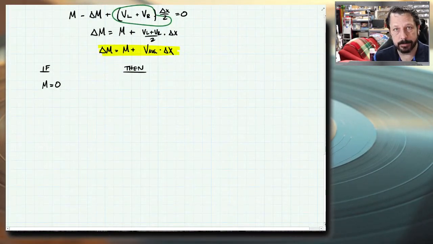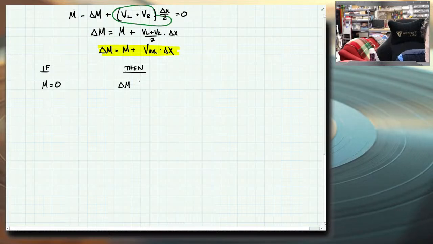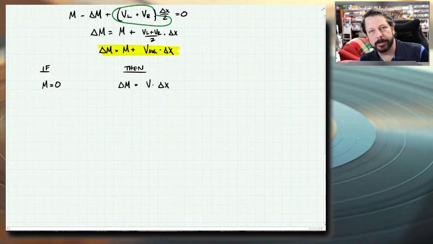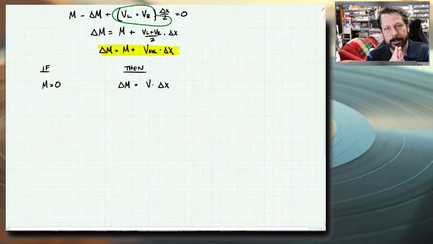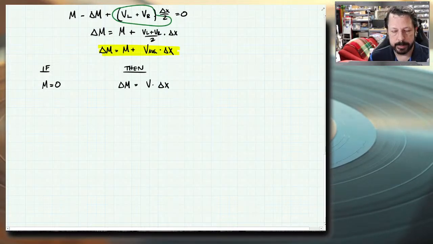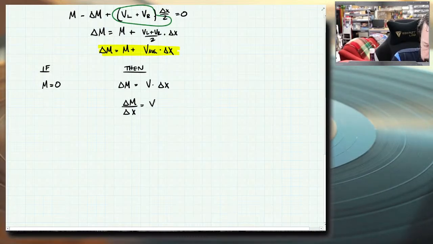M is just 0, and then we have delta M equals V times delta x. I want to drop the average off of there. It's just shear at that point, because remember, delta x is getting really, really narrow, so it's just the shear at that point. So what this looks like is dM over dx equals V.